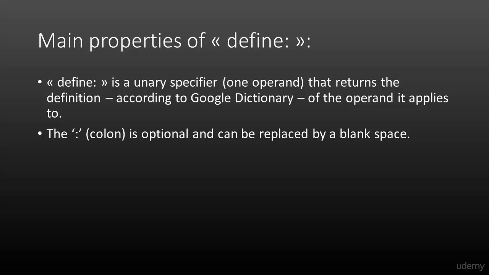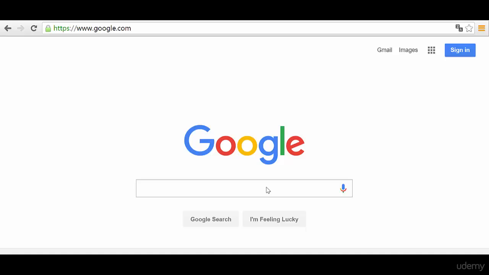So for example, if you want to define, say, the word love, you can write define colon love, or you can write define blank space love.